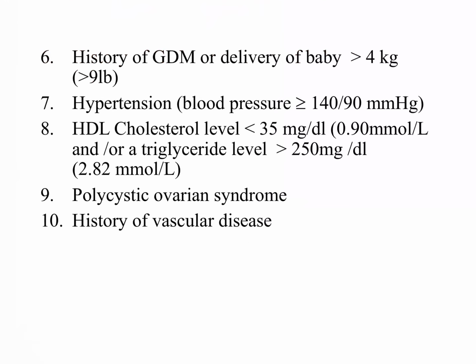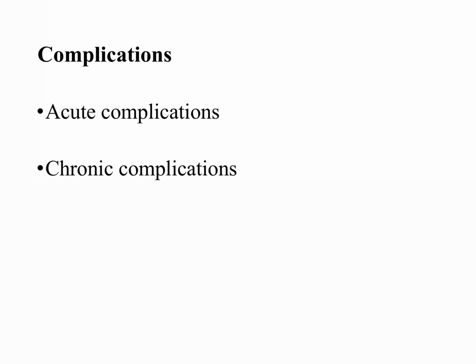The mother who has delivered an infant above 3 to 4 kgs, means the mother has GDM, gestational diabetes, hypertension, prolonged hypertension, HDL cholesterol less than 35, triglyceride levels more than 250, polycystic ovarian diseases, and history of vascular diseases.